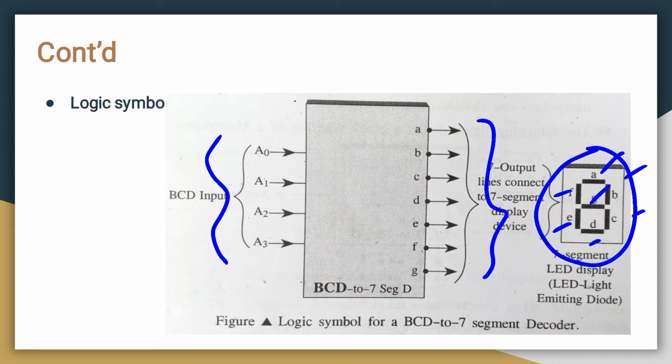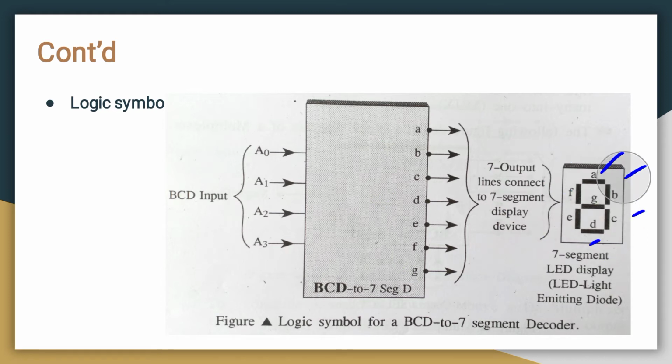Depending on the output we get, that LED will light up to show that number. If the display is showing 0, then A, B, C, D, E, F should be enabled and G is disabled. That will show you the 0.